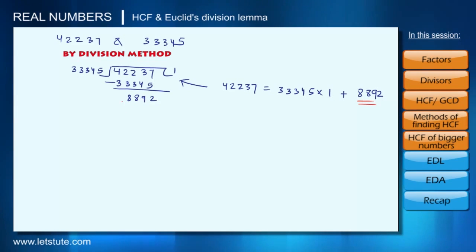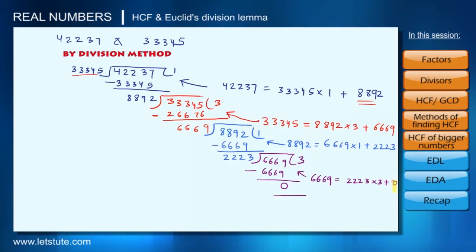So let's consider this remainder as divisor and this divisor as dividend for the next stage. So this will go 3 times. So let's do this until we get remainder equal to 0. So here since the remainder is equal to 0, we can conclude that the divisor 2223 is the highest common factor of 42,237 and 33,345.